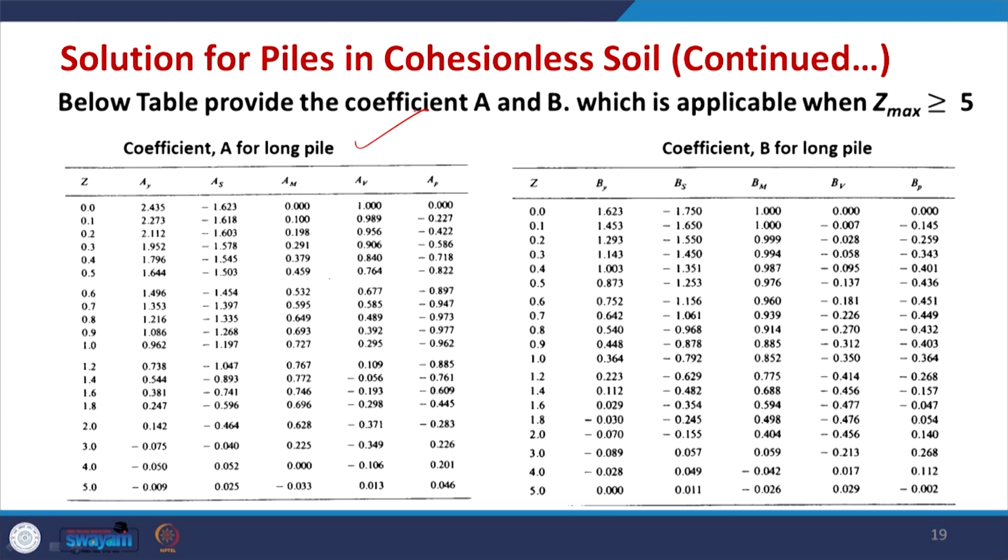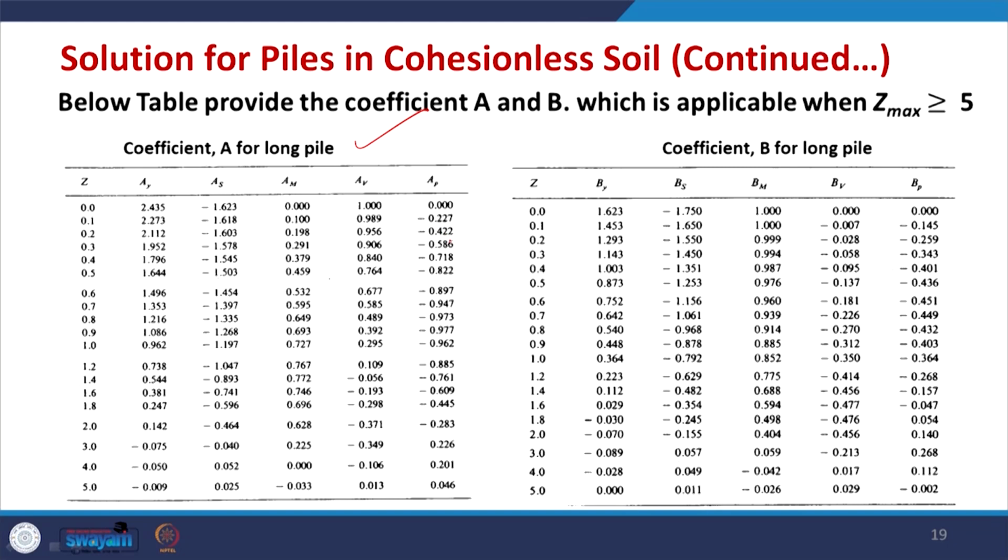Now, in this table, for soil reaction AP is required, and you can see the values of AP are increasing. Negative and positive is not an issue, since for soil reaction we are interested only in the absolute value.